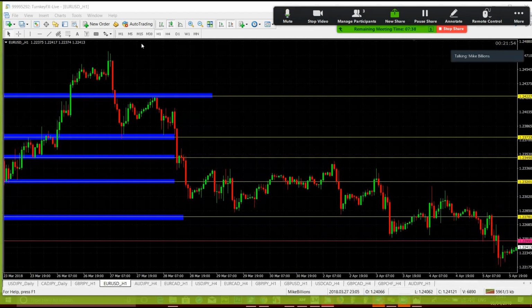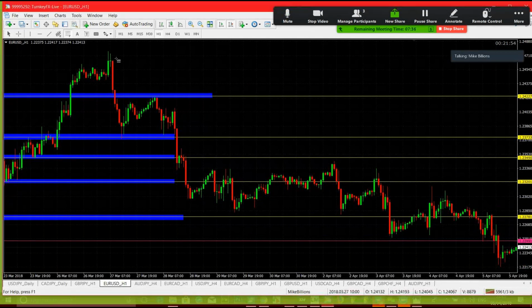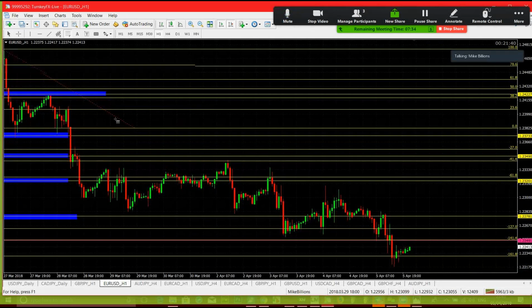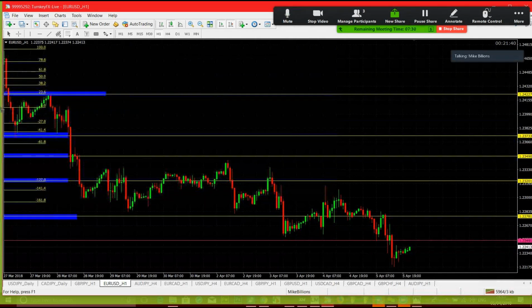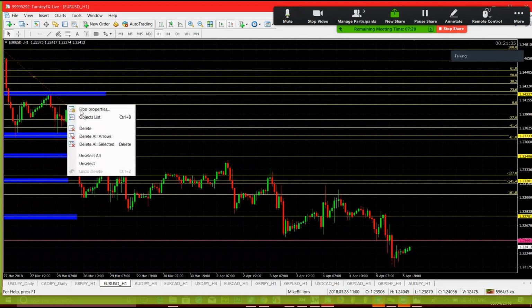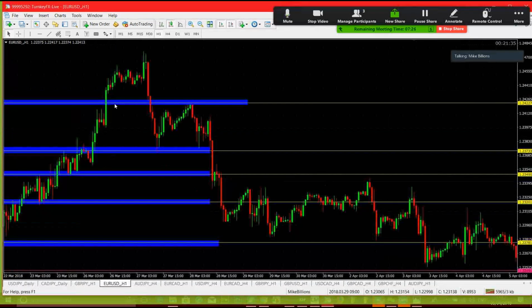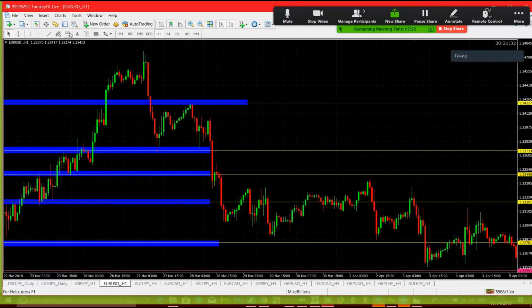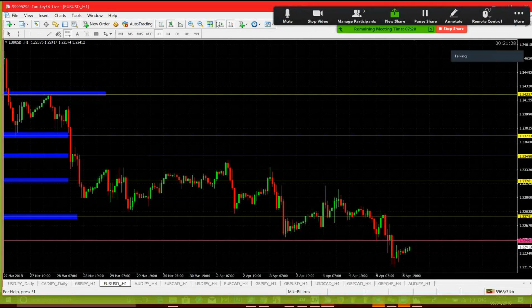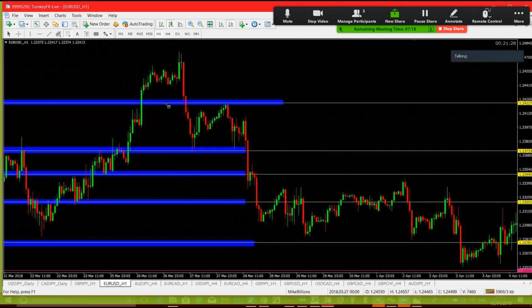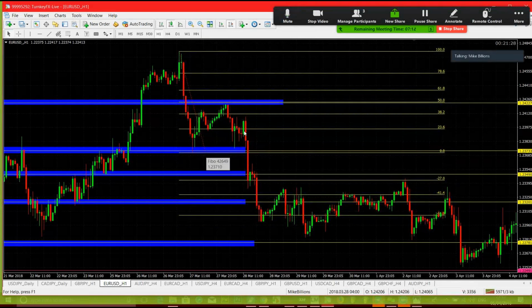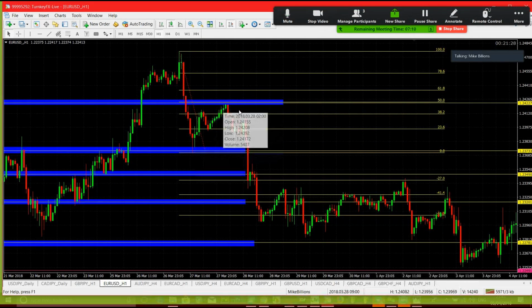So let me see this one now. Let me see this move. So if I was to take this move, oops, too long. Okay, let me delete that and try again. Because this was a reversal point. Okay, so if I take my Fib from here, and I saw this, see what happened?